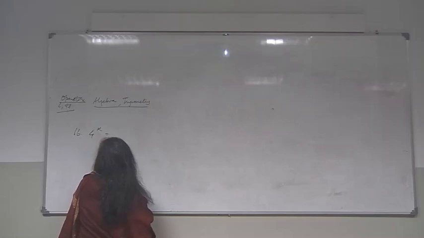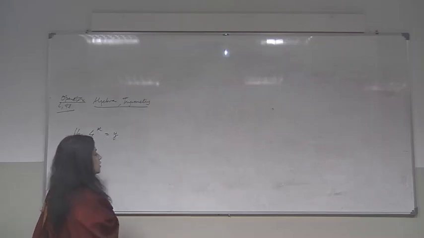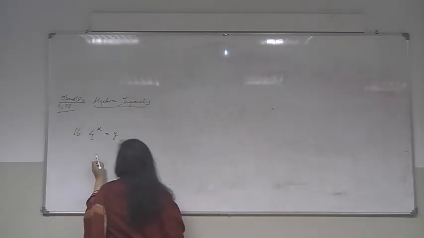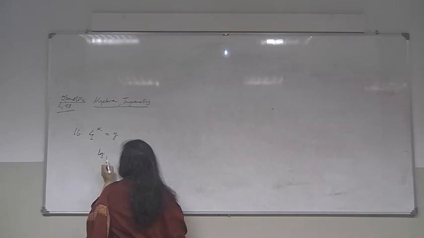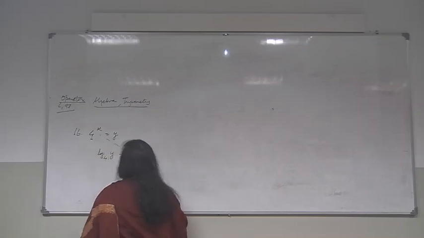So this is already the base. So you know that log to the base 4 of y will be equal to x, because I told you that we have to bring the power down here.